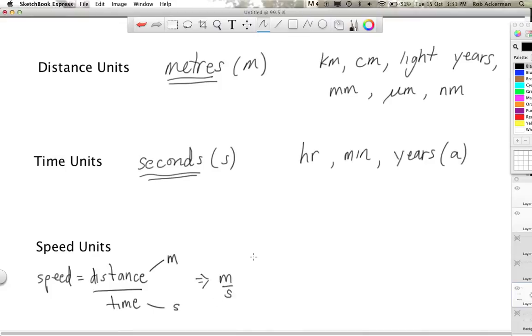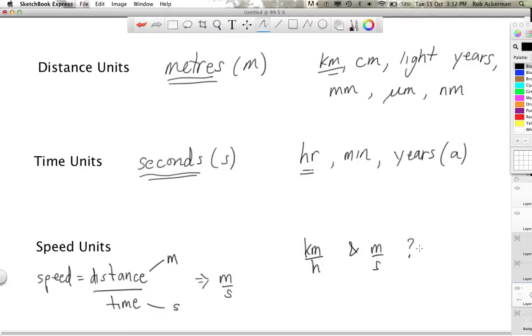However, another very common unit of measurement for speed involves what you see if you get into a car, kilometers and hours. And so what I'd like to do right now is just pause for a moment and ask you, what is the relationship between kilometers per hour and meters per second? How do you convert from one to the other?